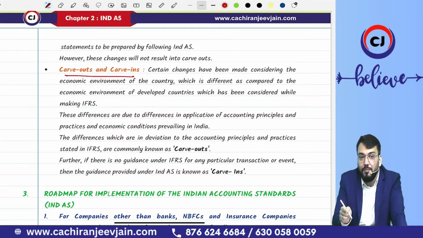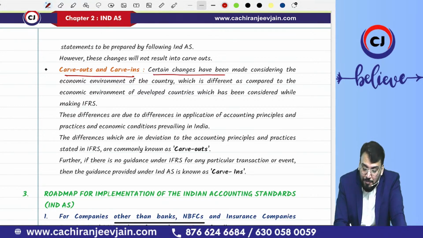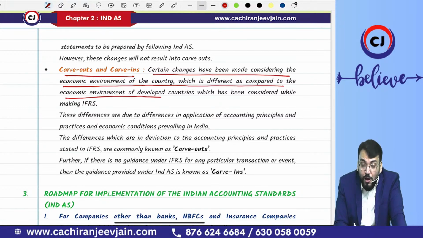The carve-out and carve-in are actually the main difference between IND AS and IFRS. So what do you mean by carve-out and what do you mean by carve-in? Certain changes have been made considering the economic environment in the country, which is different as compared to the economic environment of developed countries, which has been considered while making IFRS.